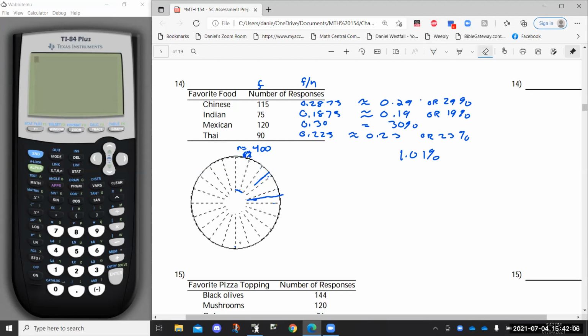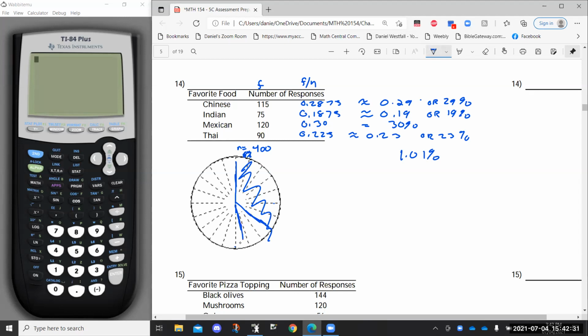I'm going to do these percentages. I was trying to do these numbers. Let's do these percentages. 30% is about right here. Apologies. 19% is, when I add 30% to 19%, I get almost 50%.